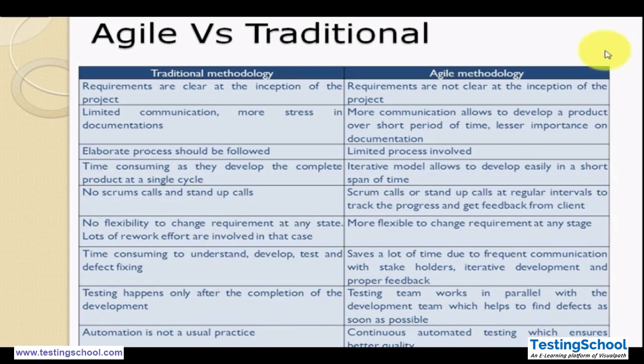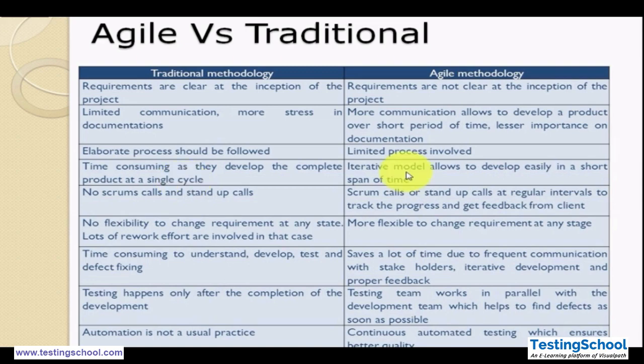The fourth difference between agile and traditional is time consumption, as they develop the complete product in a single cycle. So your cycle could take more time because it starts from requirement gathering till the testing completes. Your testing and development take more time because it starts from the requirement phase.